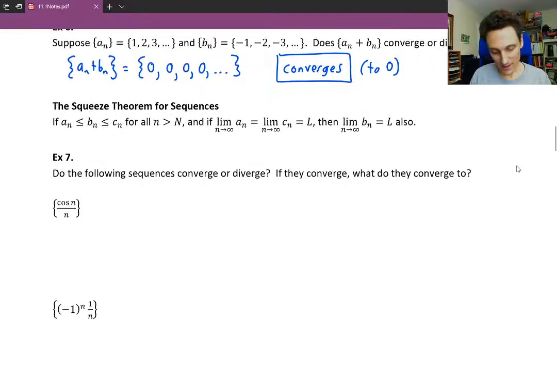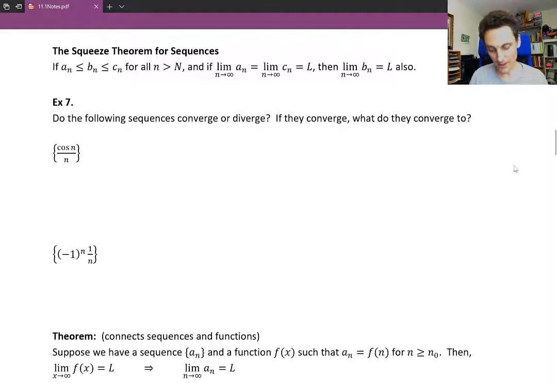In example 7, let's use the squeeze theorem to figure out if cosine n over n converges or diverges. What we can do is we can start by writing cosine n is going to be between -1 and 1. We know that for sure.